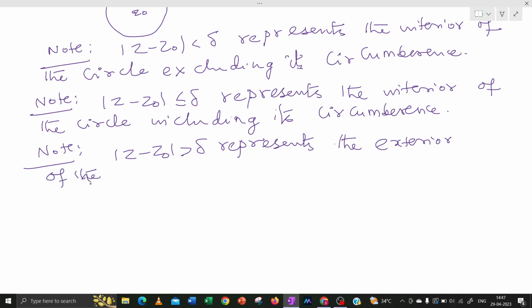This point is required for both unit 4 and unit 5. These points are useful for unit 4, the complex variable, and then for complex integration also we can use these points.